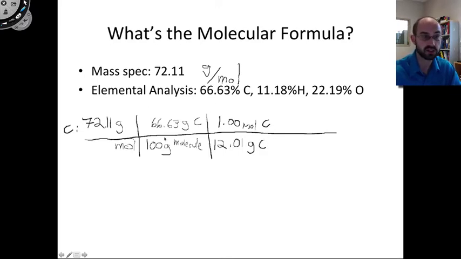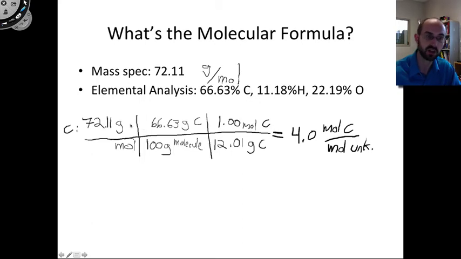And really, that's all the space I need. I can erase some of this here. You can plug that into your calculator and figure out that you get 4.0 moles of carbon per mole of unknown.